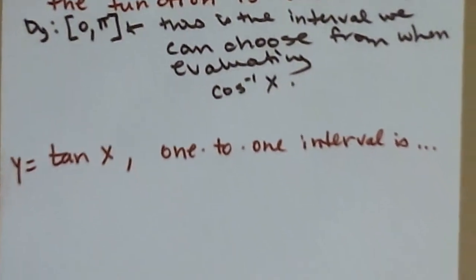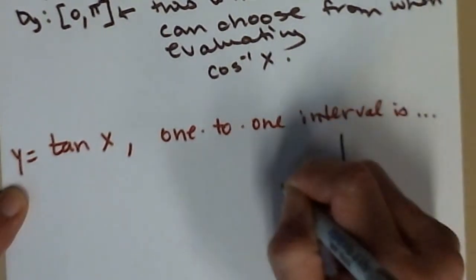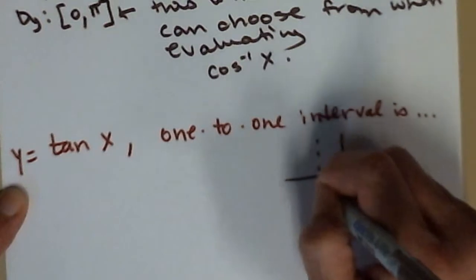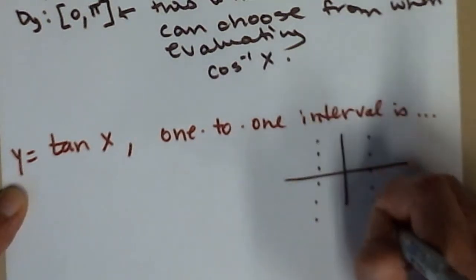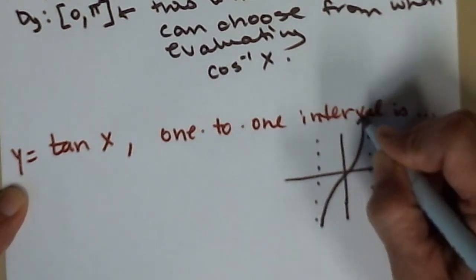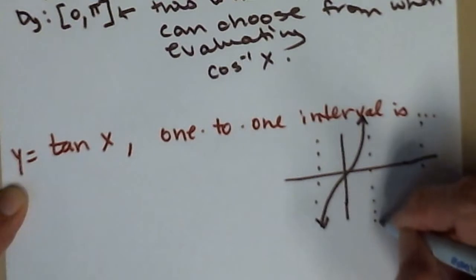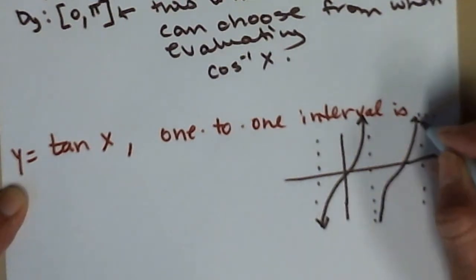And for inverse tangent, remember tangent has those asymptotes. Looks kind of like, but isn't, an x cubed repeating.